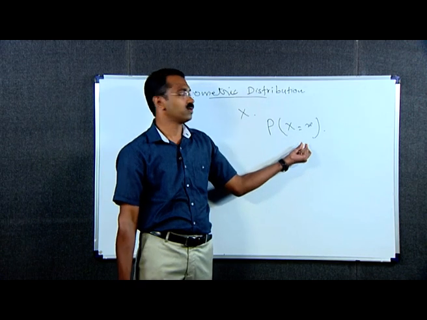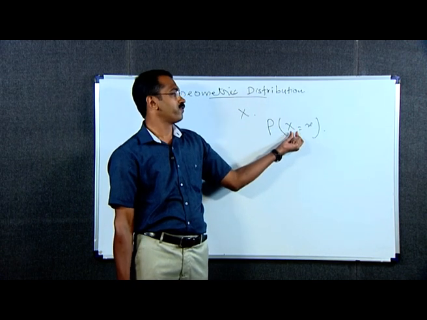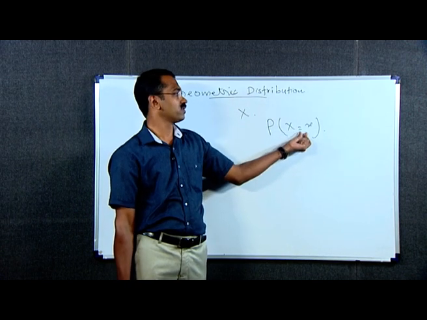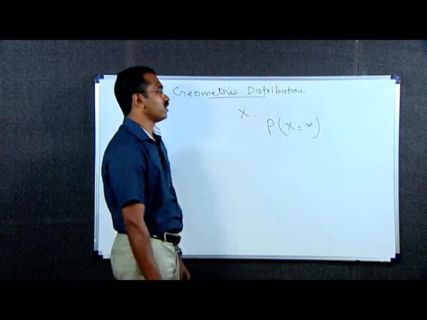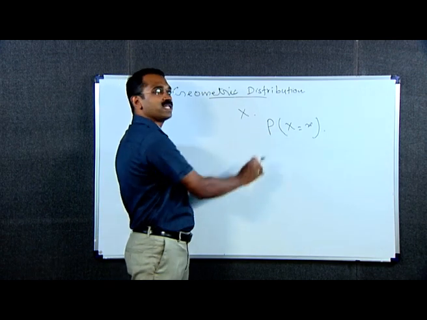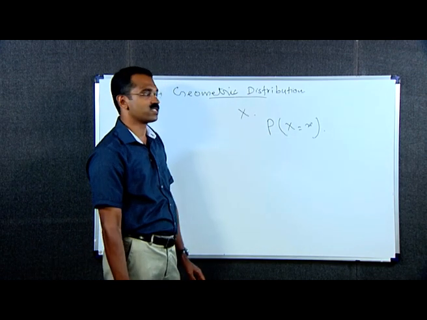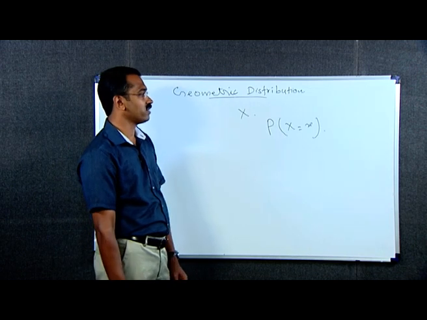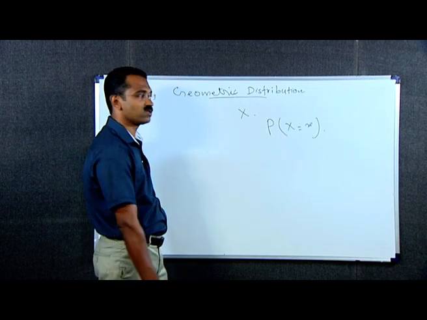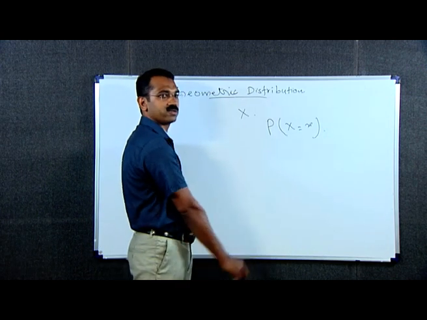That means the probability of getting the first success in the xth trial. If we are getting the first success in the xth trial, it means the previous x minus 1 trials are failures.